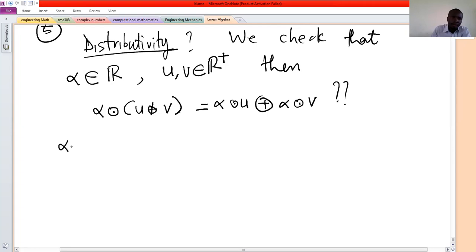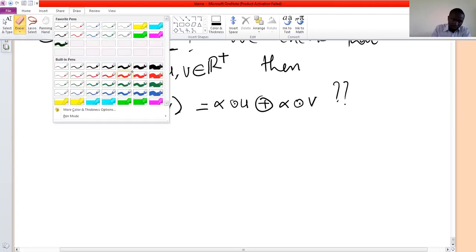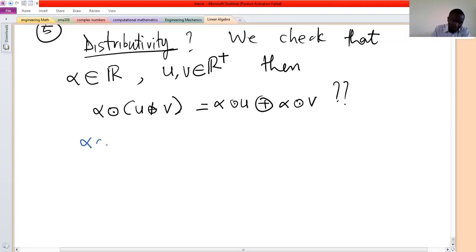Now, alpha times u plus v is the same as alpha times... Now, remember u and v are taken from R plus, and any addition of elements in R plus, u plus v, will be given by uv.